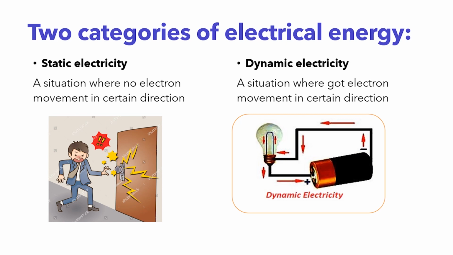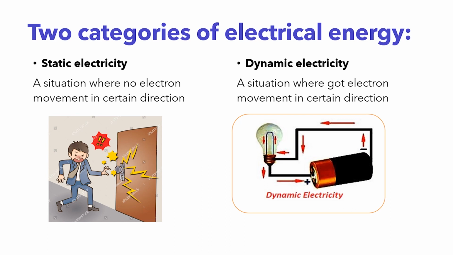Or when we open the door of our car we feel the static electricity. Or sometimes when you pull a trolley at the supermarket, we can feel sort of electric charge. We call it static electricity.